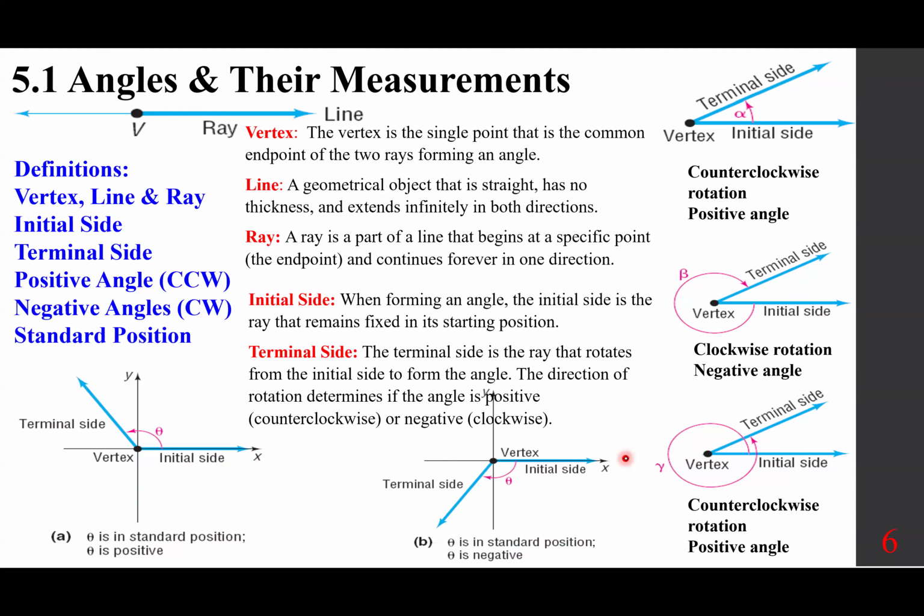Again, we have a standard position because the initial side is along the x-axis and the vertex is at the origin, okay? And because this one is going clockwise, theta is in standard position, and theta is negative.